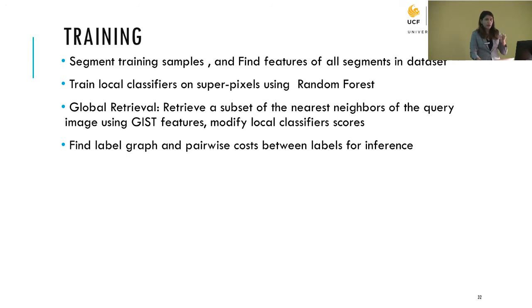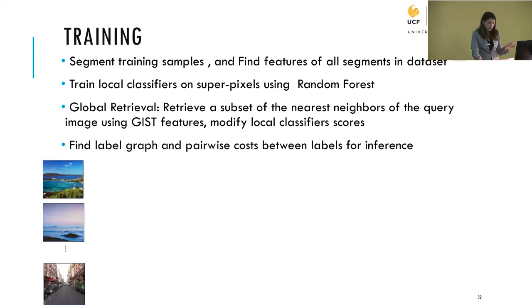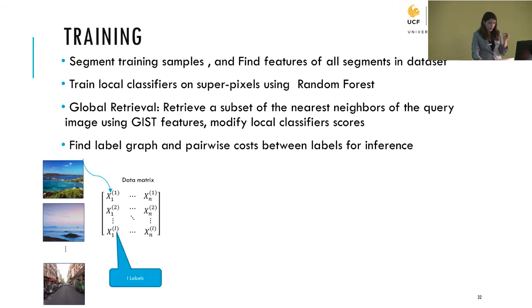In addition, in training, we find the label graph. The label graph encodes the relationship between labels and the partial correlation between labels, which later on in inference we use for the pairwise cost. So how can we find the label graph? If we have these training images, we build a data matrix in which each column belongs to one image and each value is the probability of seeing a specific label, or the frequency of that label in that image.